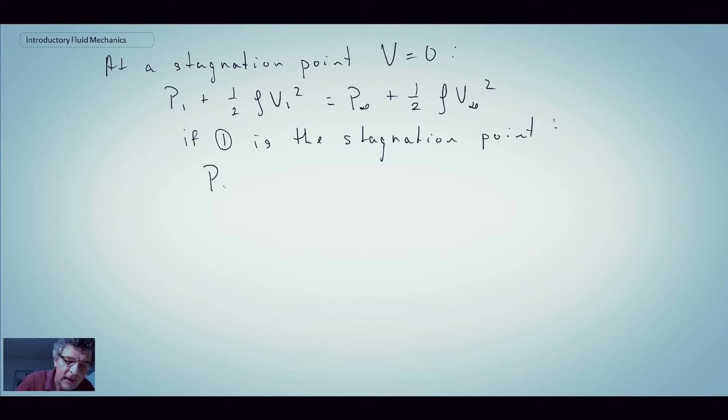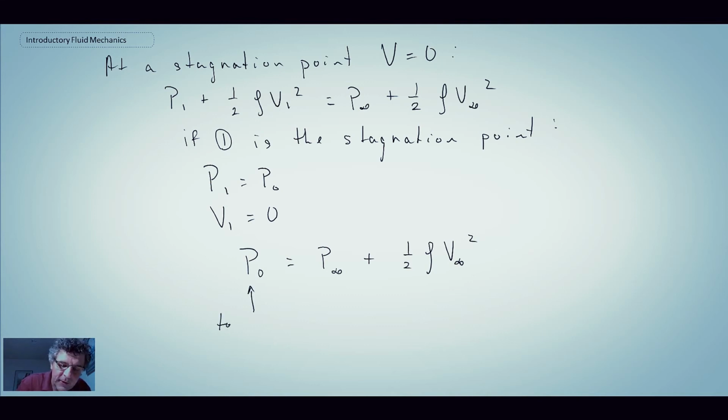With that, we can say P1 is P naught, the stagnation pressure. V1 is equal to 0, and with that, on the left-hand side we get P0, and on the right-hand side, we have P infinity plus 1/2 rho V infinity squared. And this here is our total pressure. And then we have the static.